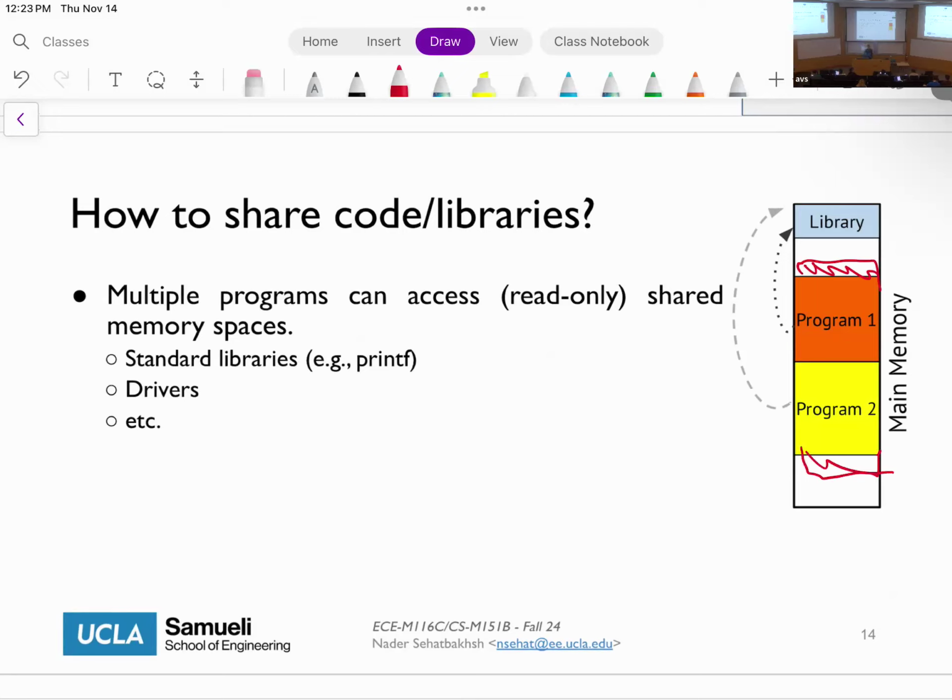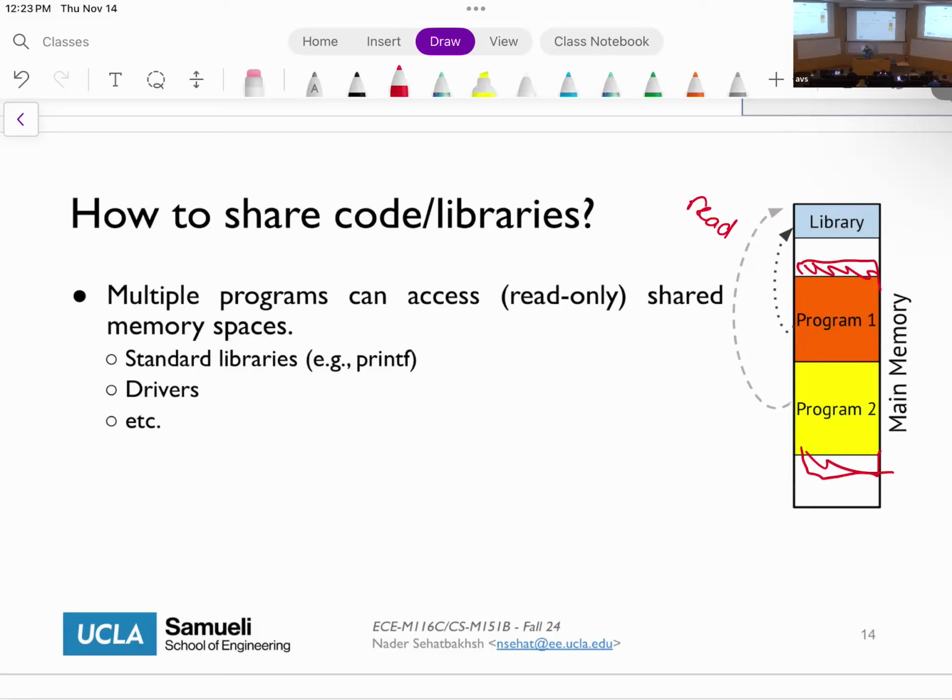What you can do is have it somewhere as standard libraries, and everybody can have access to those libraries. Of course, in order to make sure that the system is secure and the isolation properties are maintained, everybody only has read-only access, okay? So they can only read those files, but they cannot write to them. So they cannot modify printf and scanf.